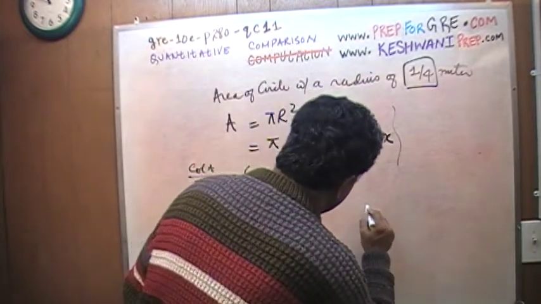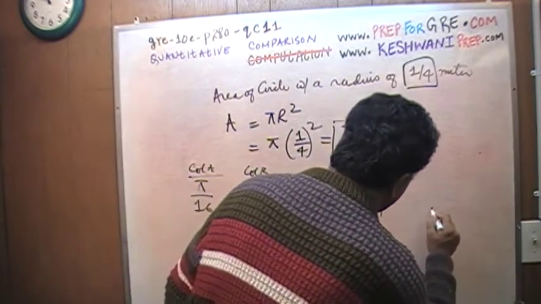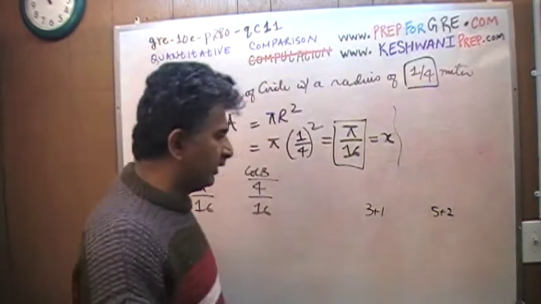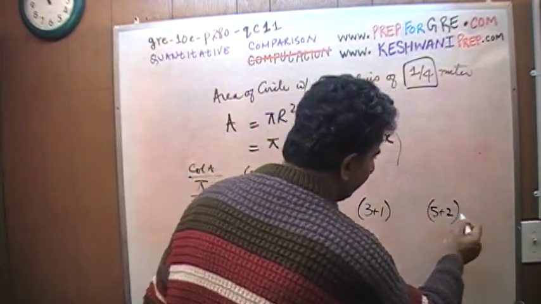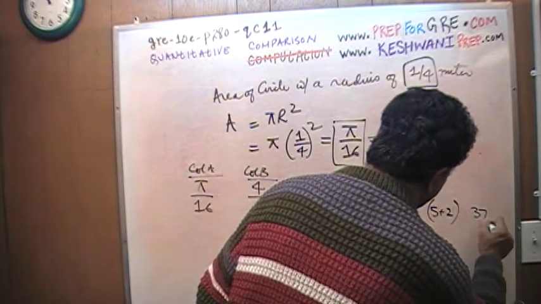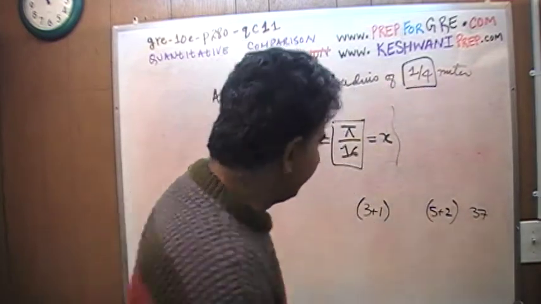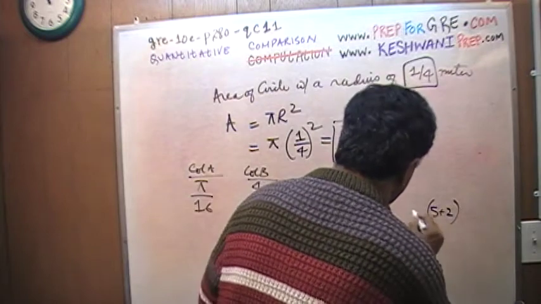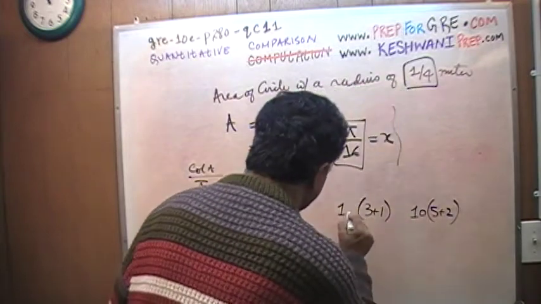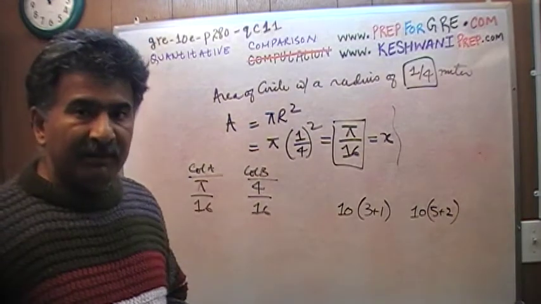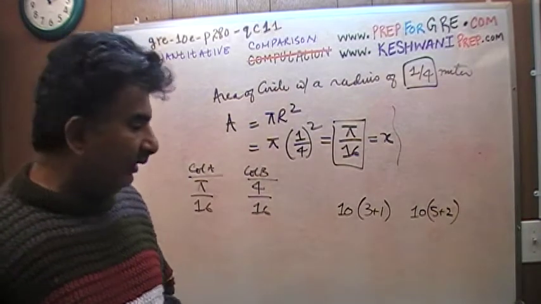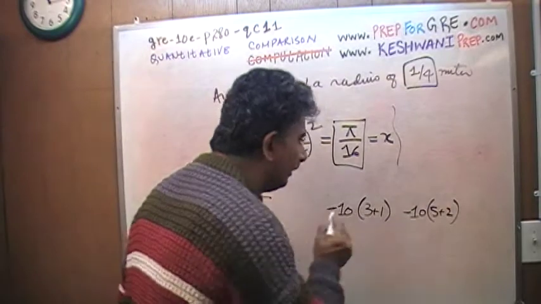If I have 3 plus 1 versus 5 plus 2, and you ask me which quantity is bigger, and at the same time this side is multiplied by, say, 10, and this side is multiplied by 10, that 10 plays no role in it. As long as it's multiplied by the same positive number, unless you multiply by a negative number, then it changes.